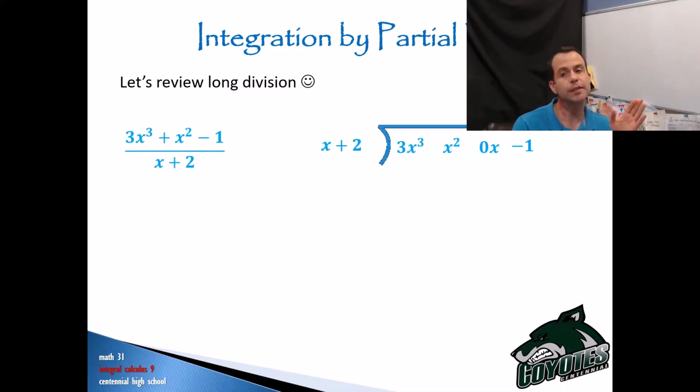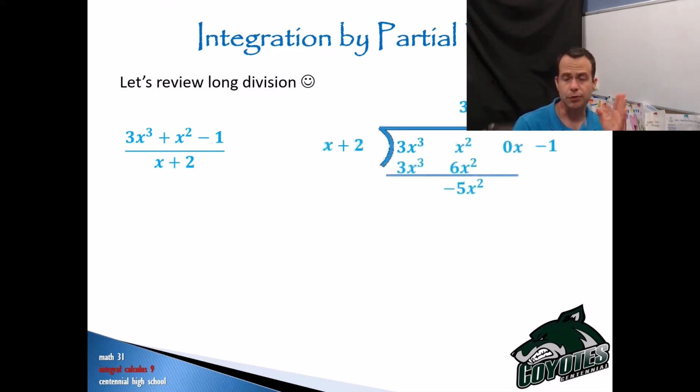Now it's not just 3x squared times x, I also have to multiply that by the 2. So there's a little collateral damage happening here. My 3x squared goes on the front. 3x squared times x is my 3x cubed that I wanted, but then I also have 3x squared times 2, which is 6x squared. So that gives me 3x cubed plus 6x squared.